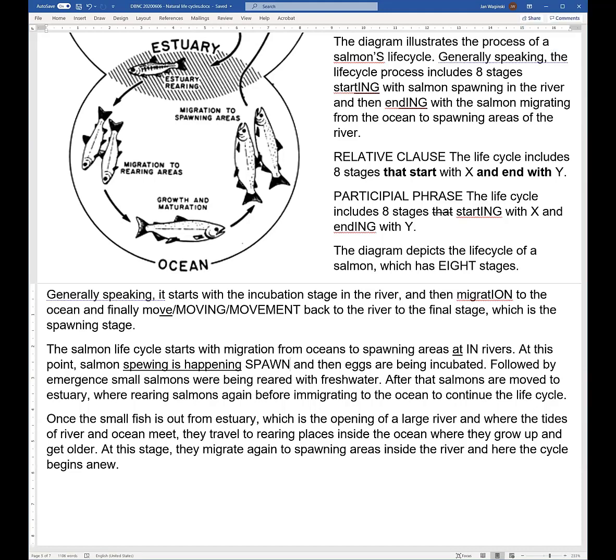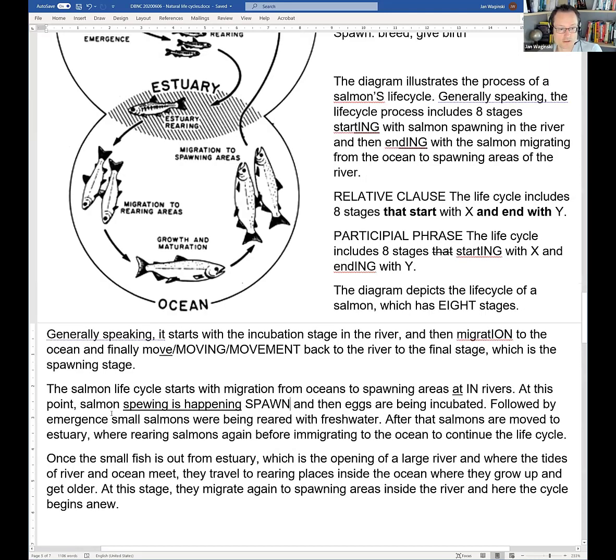Salmon spawn. Do eggs need the S? Salmon is non-count. It's like fish. We don't have salmons. It's just salmon. I bought a lot of salmon at the supermarket. Salmon spawn, and then eggs are incubated.